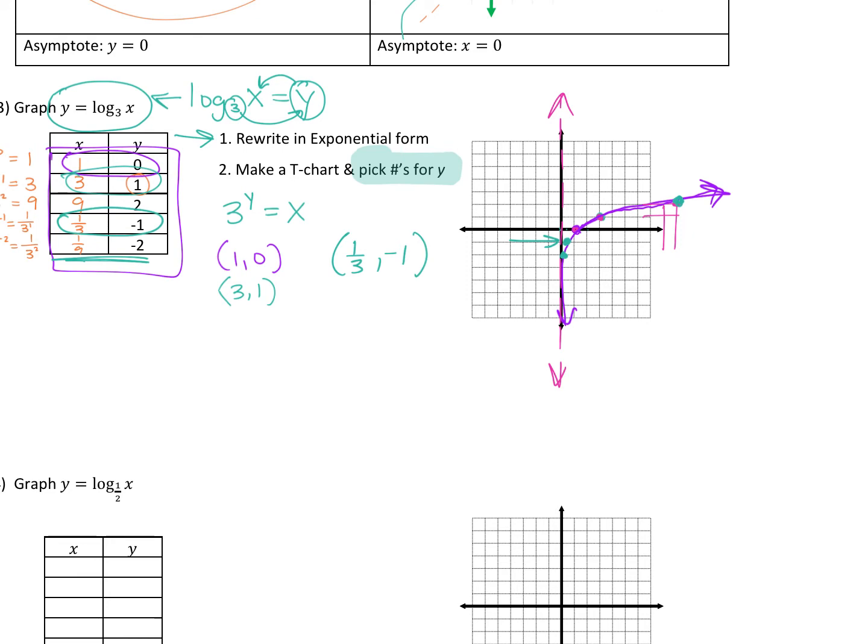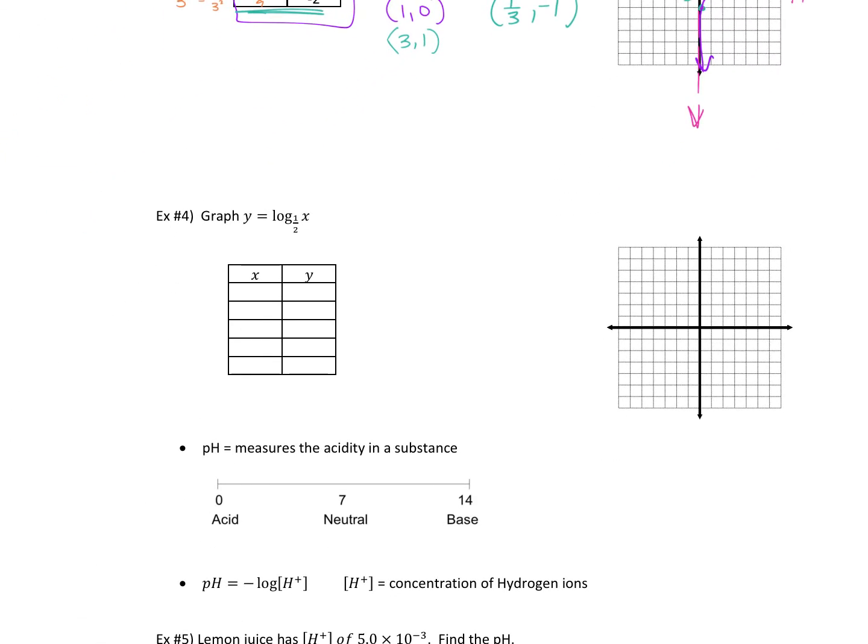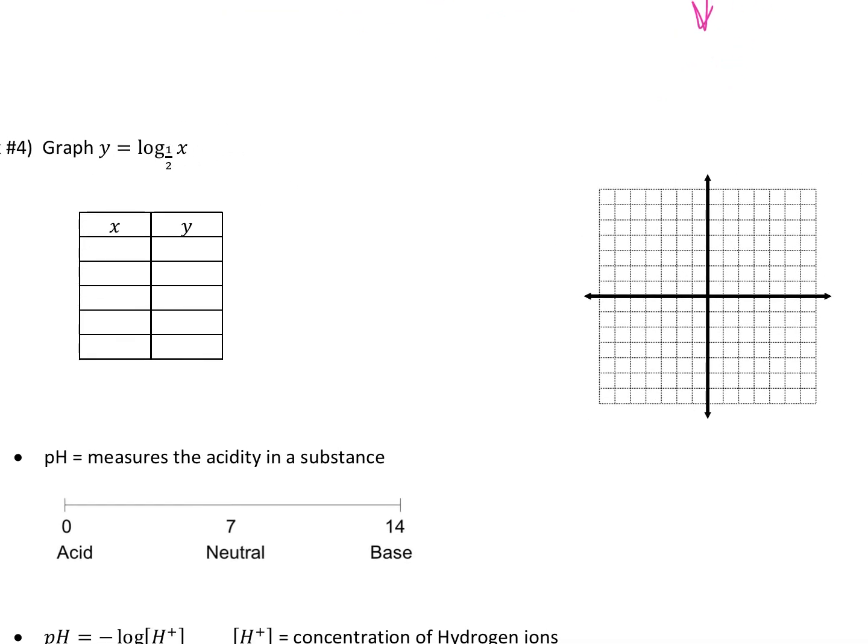Okay? Okay, example 4. Last one of these, and then we're going to move on. So you are graphing y equals log base 1/2 of x. So rearrange that. How do you write that in exponential form?